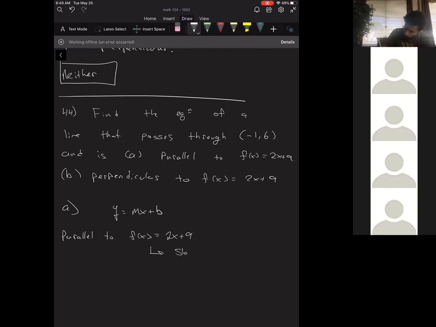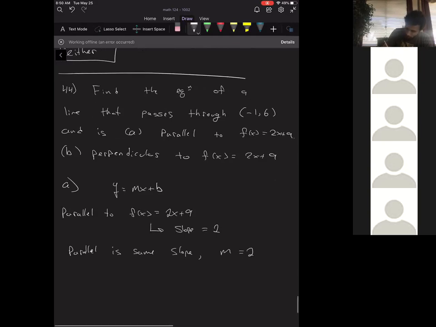And we know parallel is the same slope. So the m that we're looking for is going to be the same thing as that. So m is equal to 2.